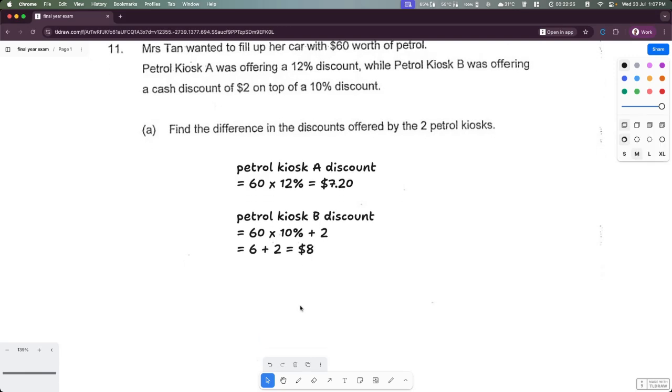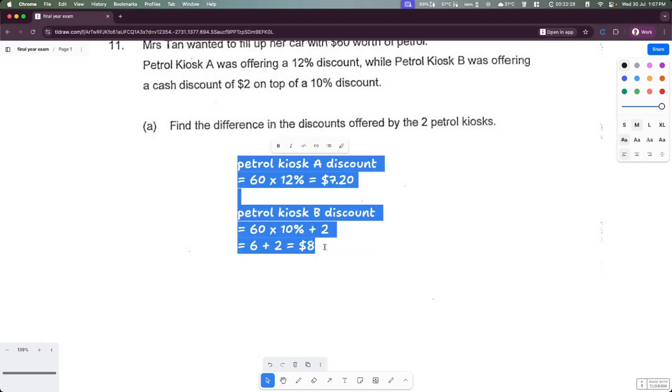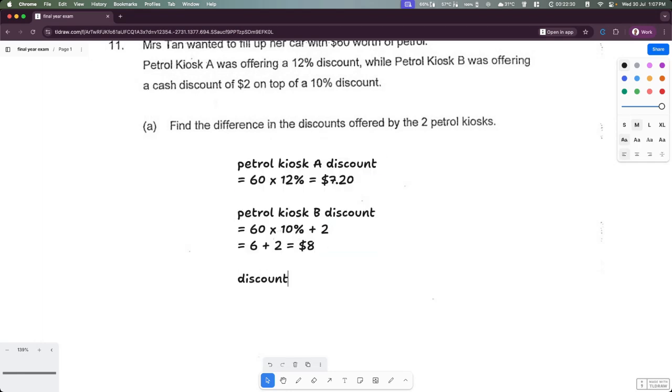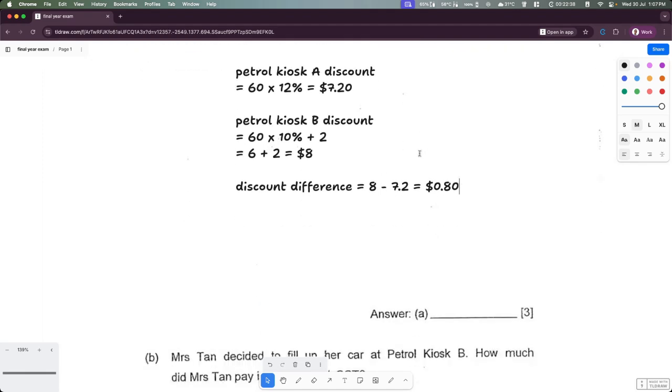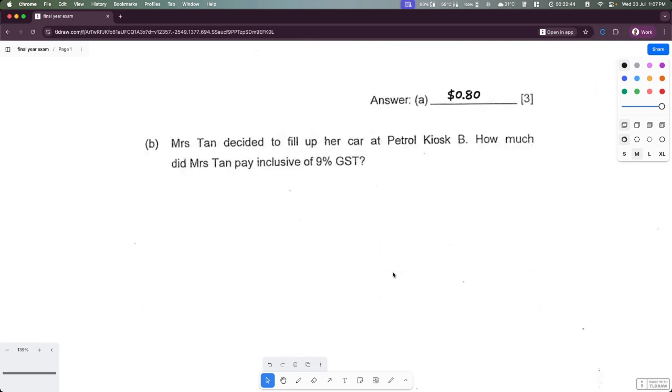So what's the difference? The discount difference is equal to 8 minus 7.2, equal to $0.80. So it's just 80 cents in this case. Okay, let's move on to the next question.